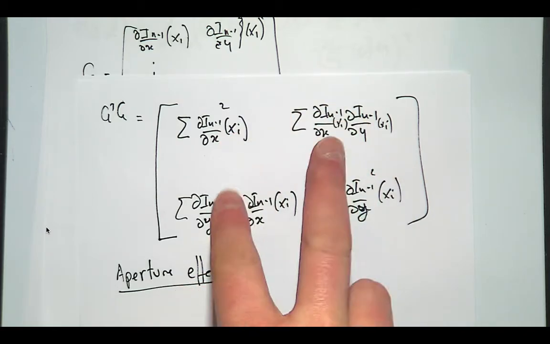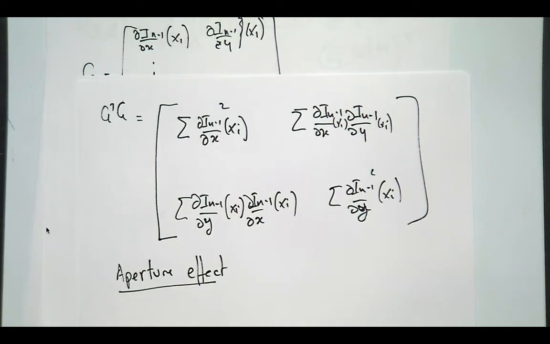You're missing information. You only have information in one direction, not in the other, and therefore you cannot invert that matrix either. The only time you can invert that matrix is when you can measure gradient in 2 different directions, and that happens at corners.